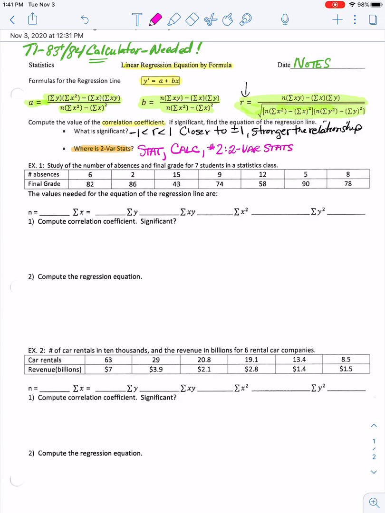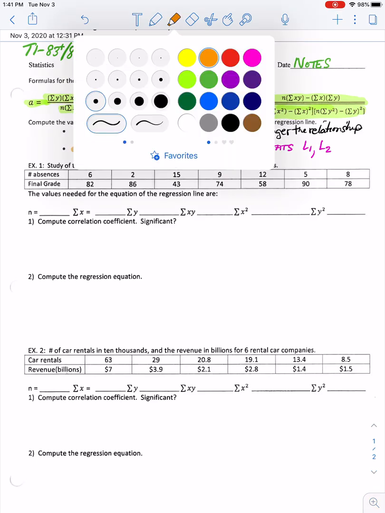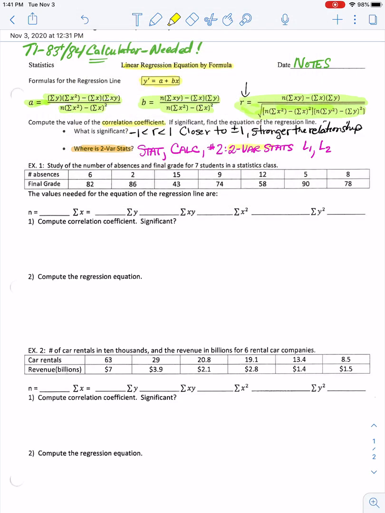If your data lives in L1 and L2, you have to tell the calculator what lists you're referring to, maybe L1 comma L2.